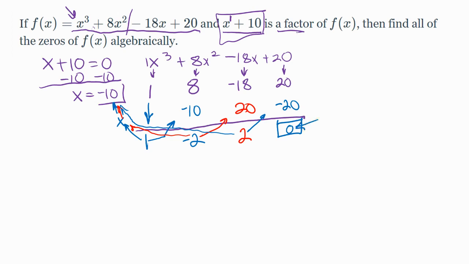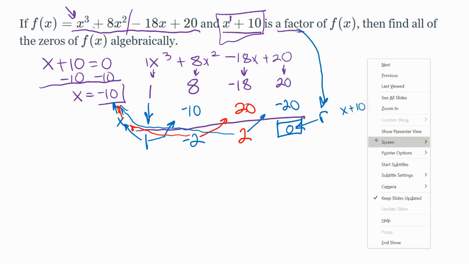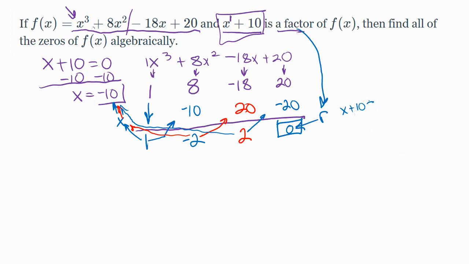It's expected because we were told that x plus 10 is a factor, so the remainder better be 0 when we use negative 10 for synthetic division. Because if x plus 10 is a factor, then f of negative 10 has to be 0, which is the remainder theorem. Anyway, we have now factored one layer of this cubic function.